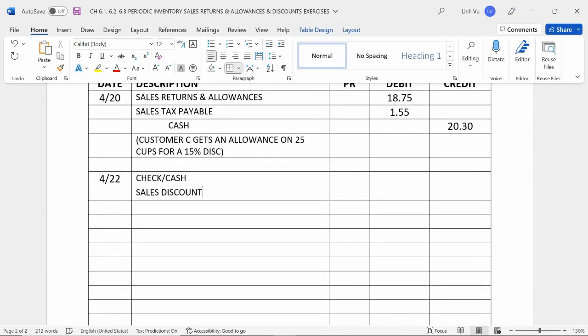Sales and sales tax payable. Okay, we already charged him for the sales. We already sold the product to him. So there's no need for another sales and sales tax payable. However, we do need to give something else back to them.